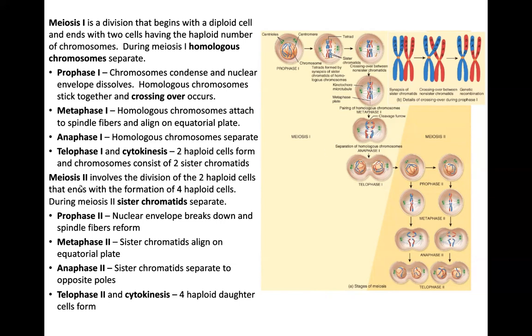During meiosis 2, those 2 haploid cells split, which results in, from our original 1 cell, the formation of 4. And we still see them being haploid because we did not divide the number of chromosomes, but instead we separated what we call the sister chromatids. Sister chromatids are like the 2 halves of a single chromosome.